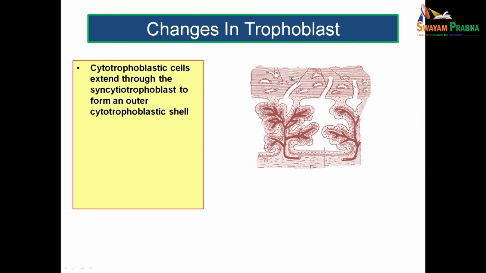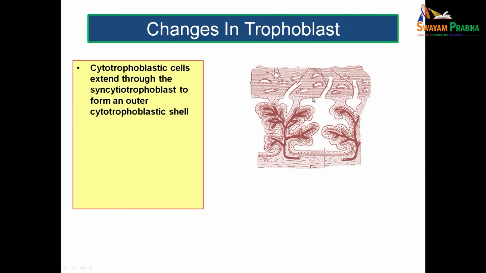Now, this is the maternal side and this is the fetal side. You can say that the cytotrophoblast is invading through the syncytial trophoblast in order to reach the outer aspect. When it reaches the outer aspect, it will coalesce with the cytotrophoblast of the neighboring villi also.